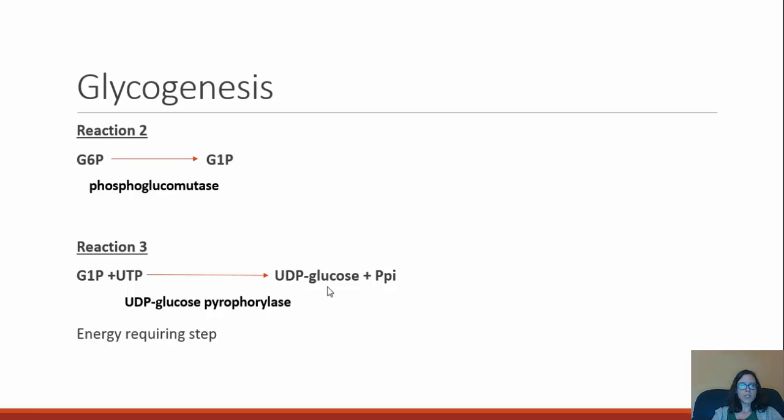So UTP, you can just think of as kind of similar to ATP. It just has the different base, the U instead of the A. So we're using up UTP in this reaction.